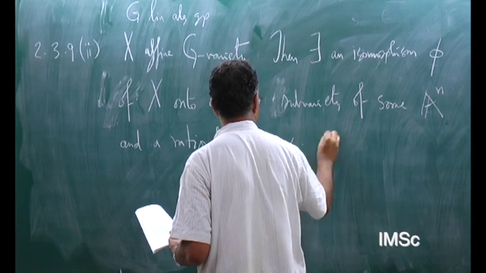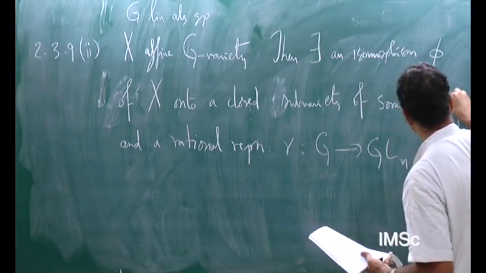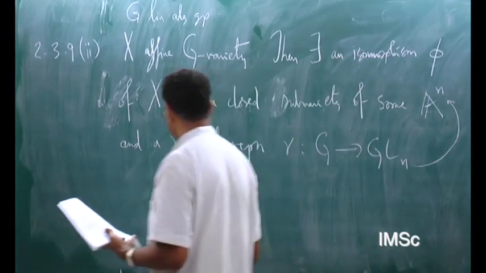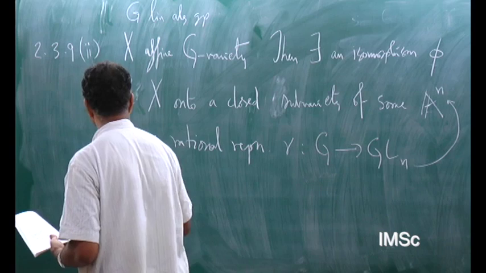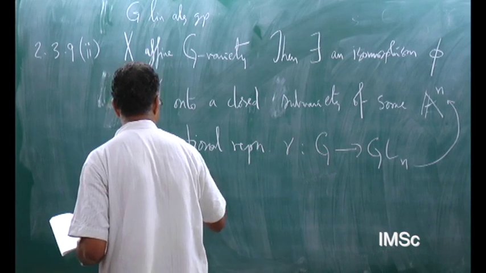R, he calls it, G to GL_n. This n is the same as this n, such that phi is G-equivariant.